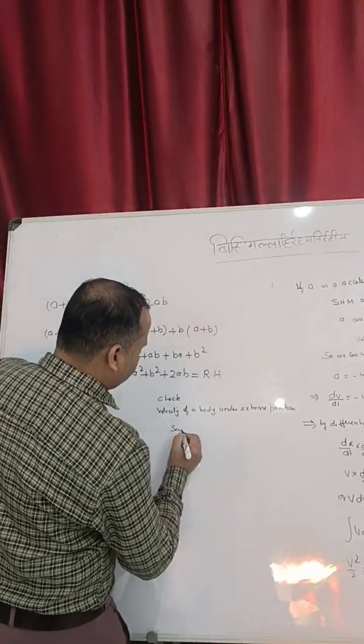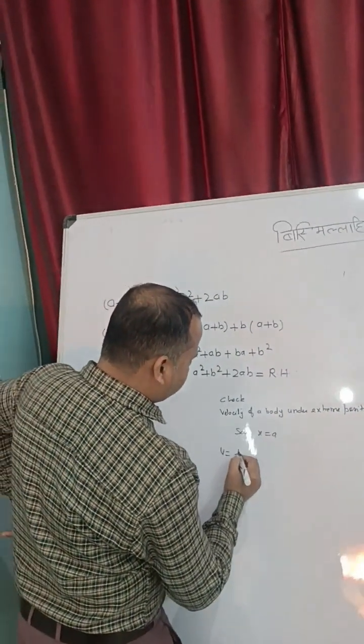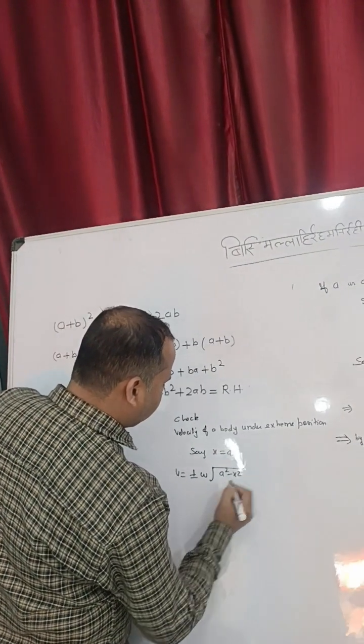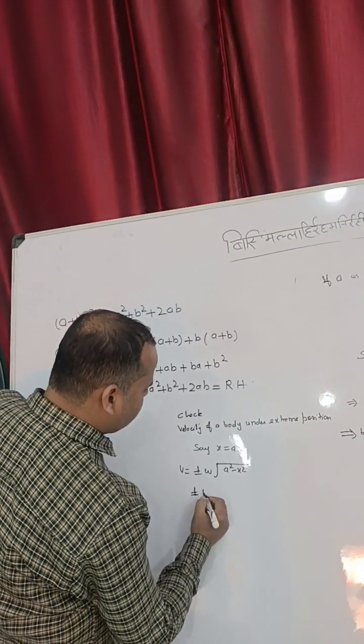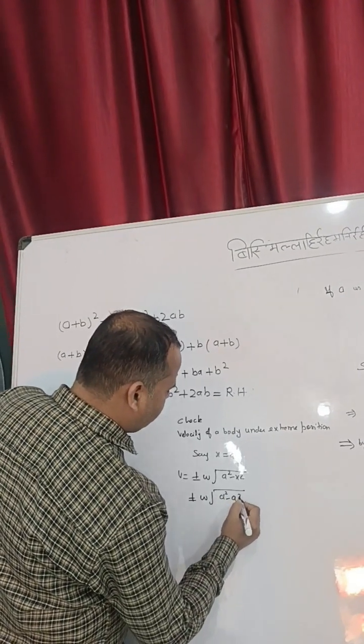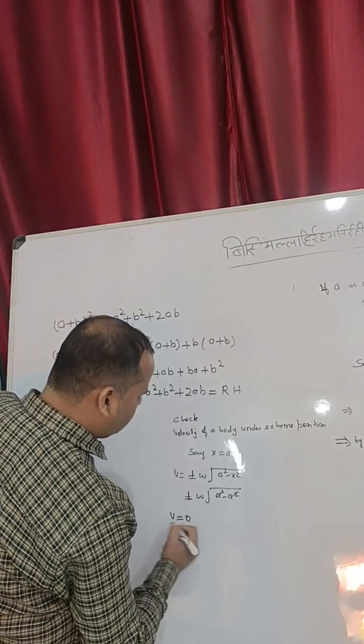Say x is equal to a, we get plus minus omega under root a square minus x square. So under root a square minus a square is 0. V is equal to 0.